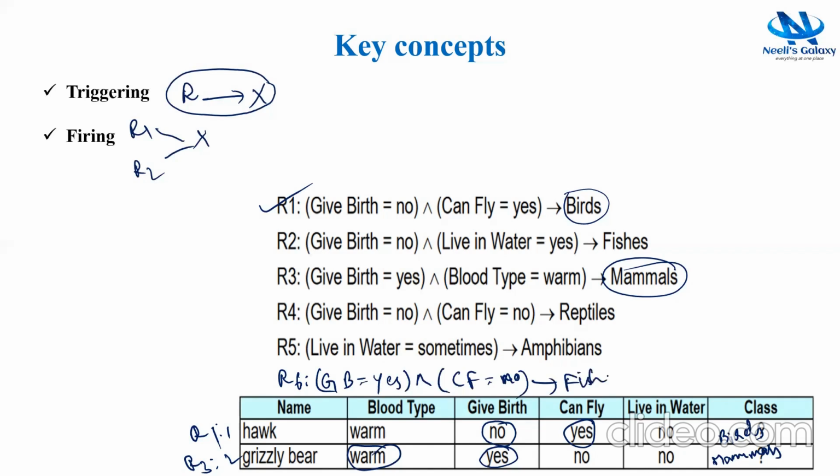So if you observe here, this second record is also triggered by rule 6 now. So there are two rules that cover the second record. Now which rule to fire? This is the ambiguity which should be avoided.